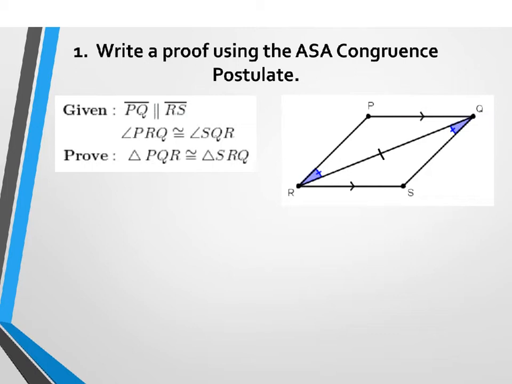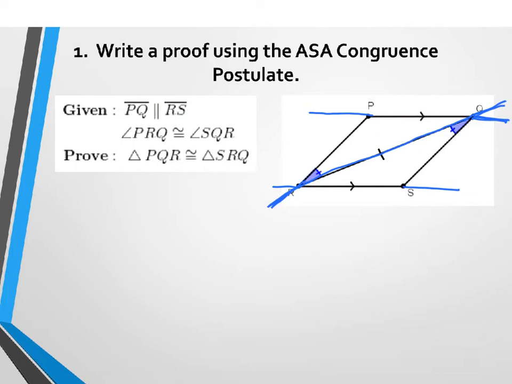And then, knowing that these two lines right here, I'm going to extend them, are parallel to each other, that PQ and RS are parallel, I'm going to extend this out. That line right here is our transversal going through those two parallel lines.